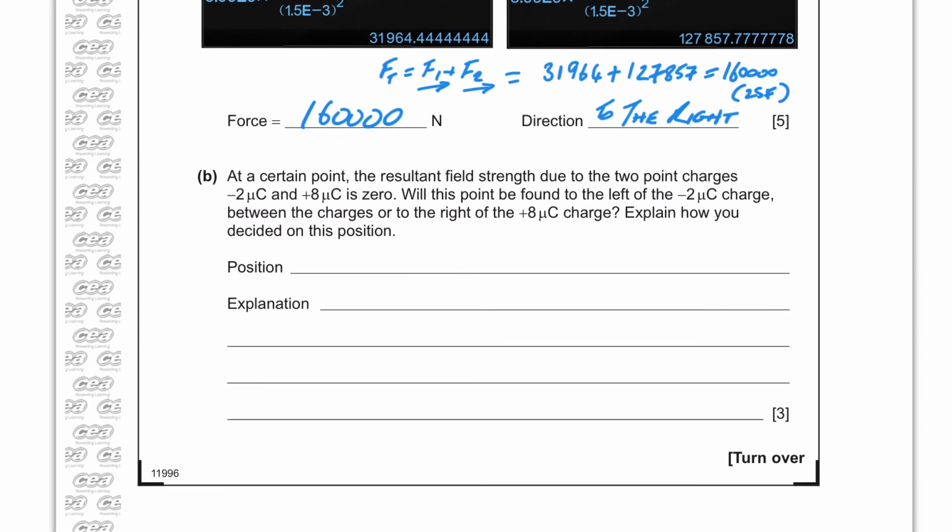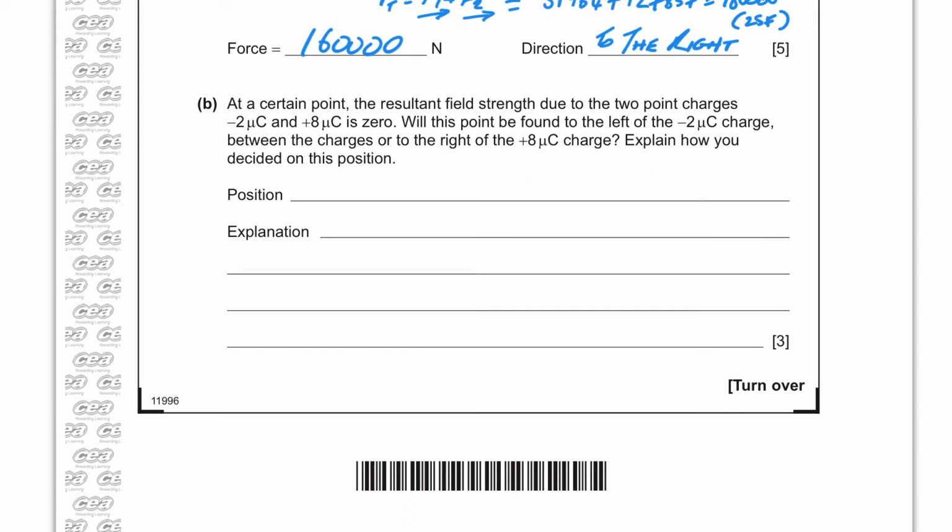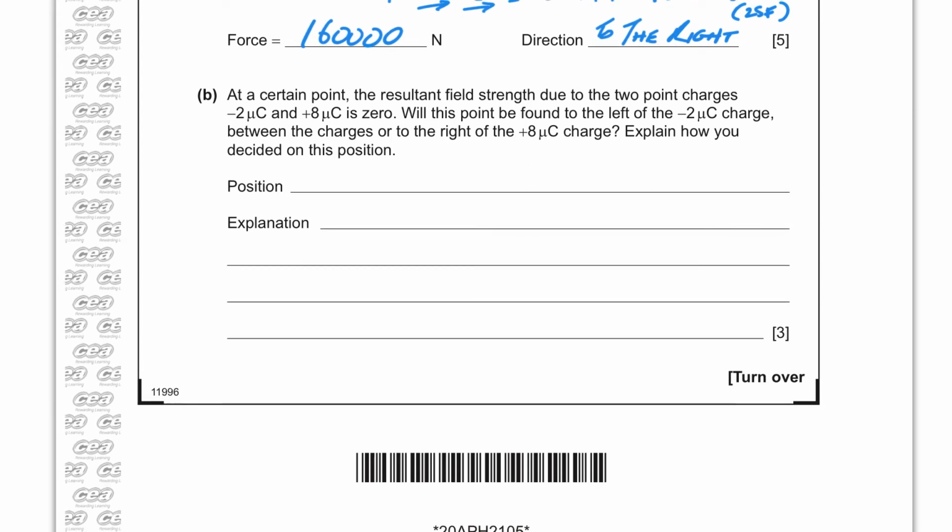Okay, so part B then. At a certain point, the resultant field strength due to the two point charges, minus 2 microcoulomb and plus 8 microcoulomb, is 0. Will this point be found to the left of the minus 2, between the charges, or to the right of the plus 8? Explain how you decided upon this position.